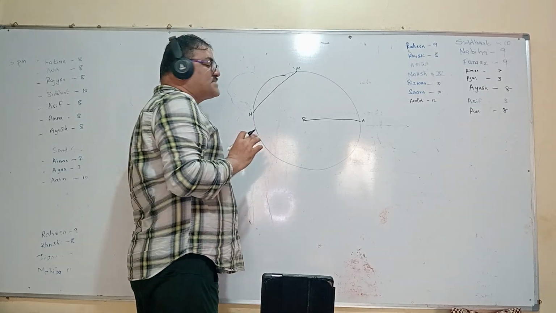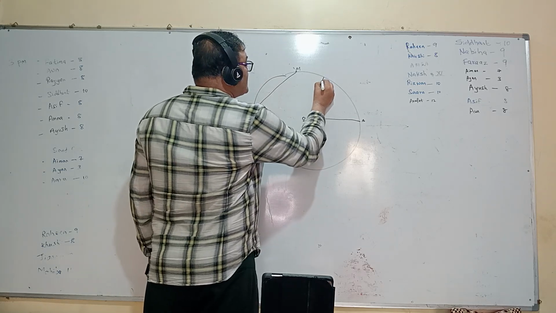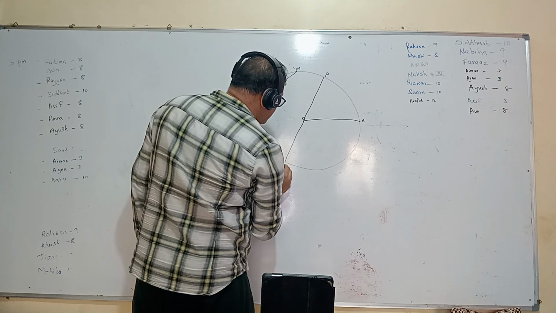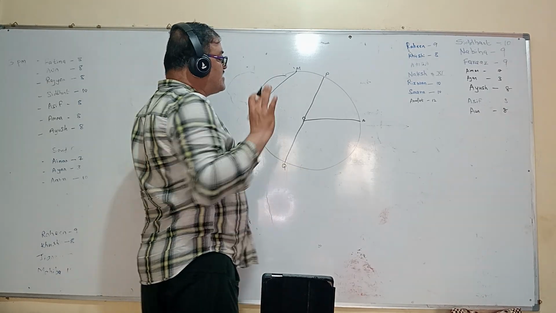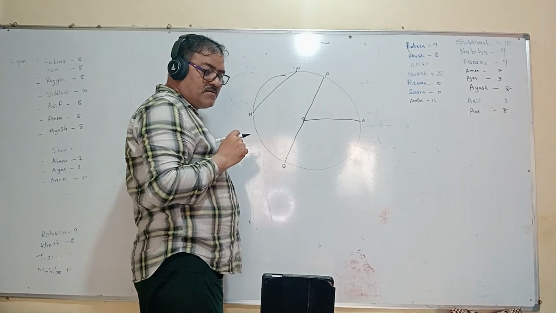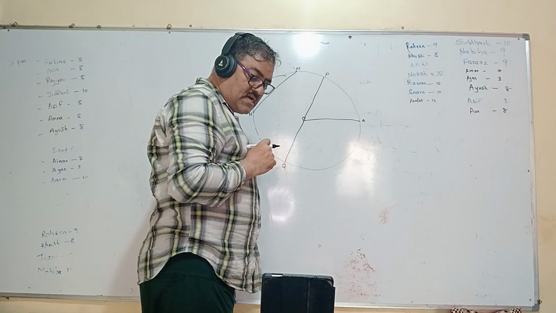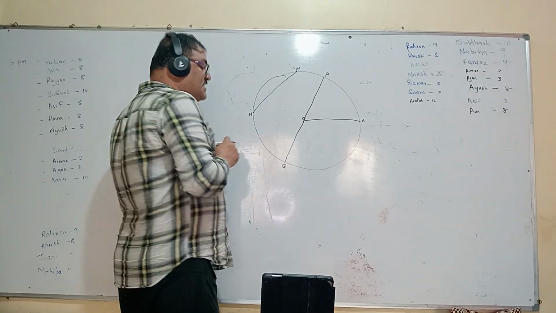MN is the chord of the circle. Now there is another chord which is passing through the center of the circle. This is another chord PQ, which is passing through the center. What is the special name for this segment PQ? Yes, it is the diameter.